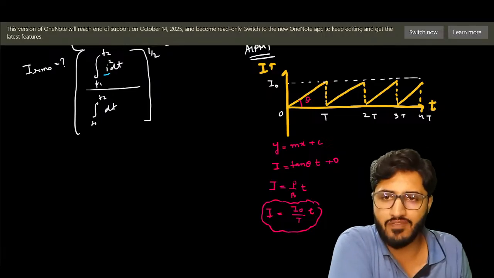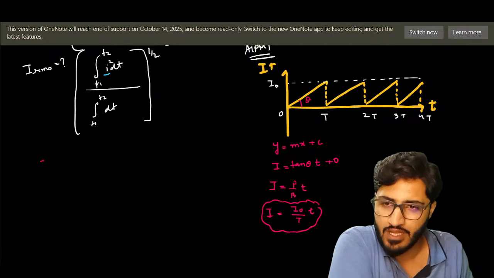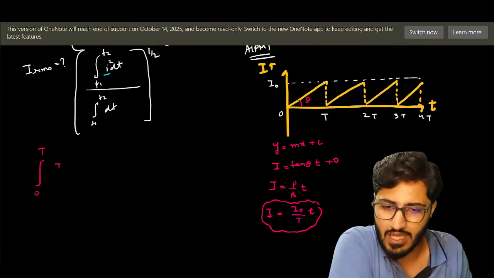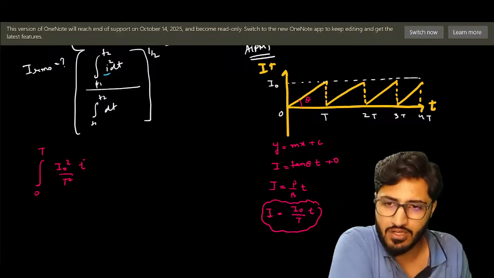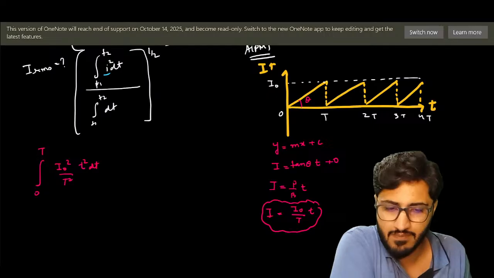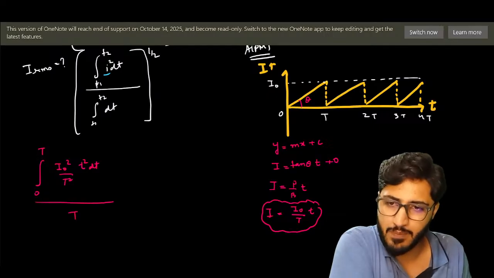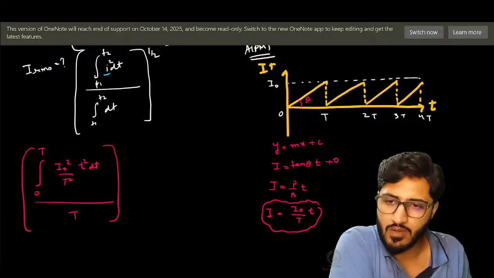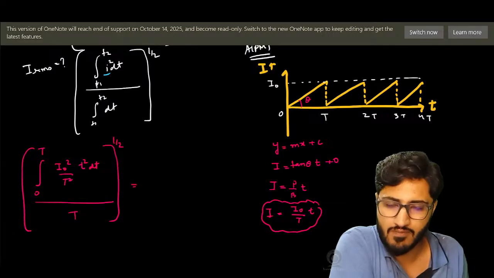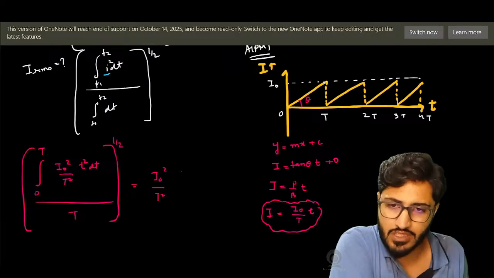Now I can put the value here. Yes, sir. Integrate from 0 to T for one cycle. I square means I naught square T square dt, whole divided by T, then power 1 by 2. Look here, I naught square is constant, T square is constant too.